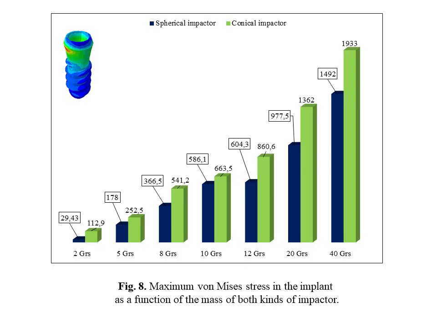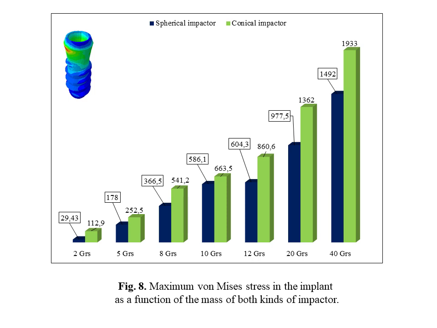Figure 8 depicts the maximum von Mises stress in the implant as a function of the mass of both kinds of impactor.